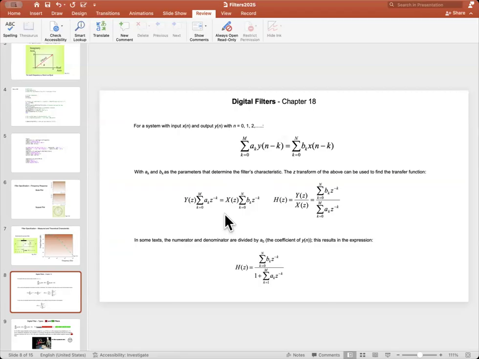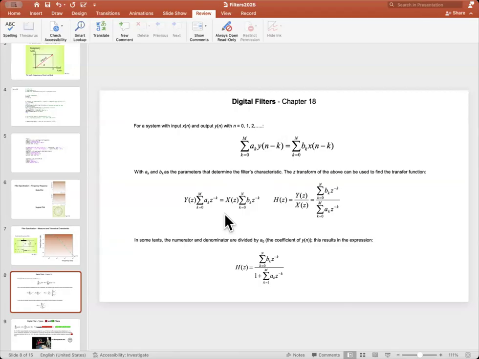Then if we divide Y(z) by X(z), which is what we showed in the Laplace domain and the frequency domain, the convolution becomes a multiplication. So H(z) is the division of Y(z) by X(z).